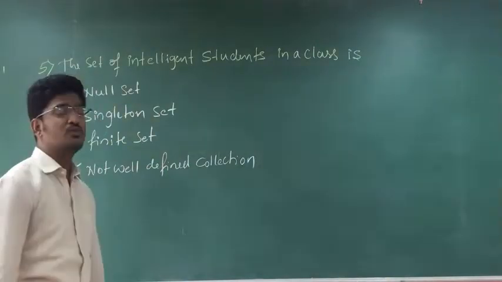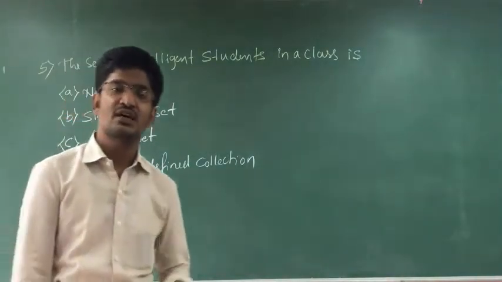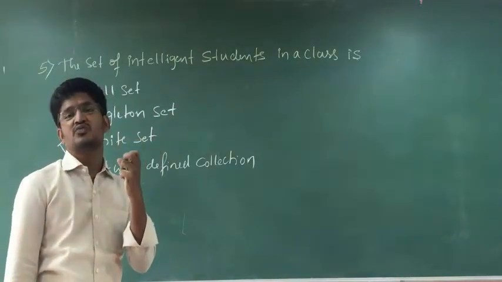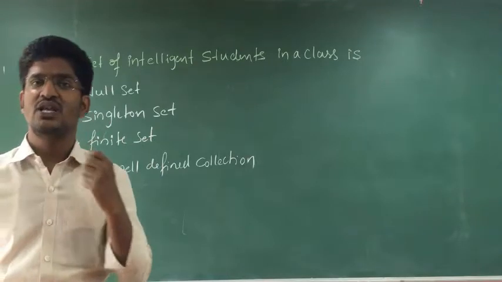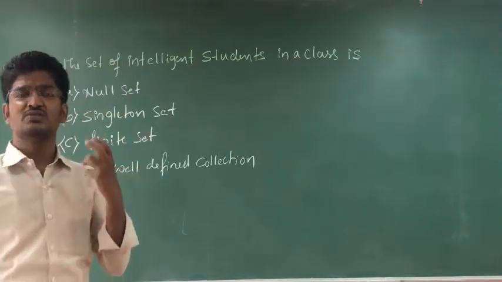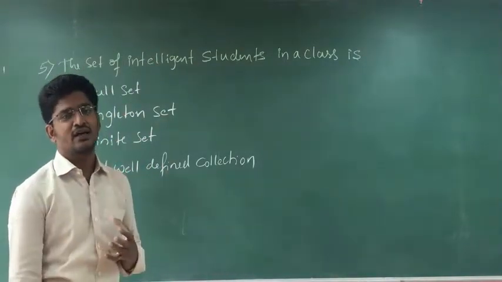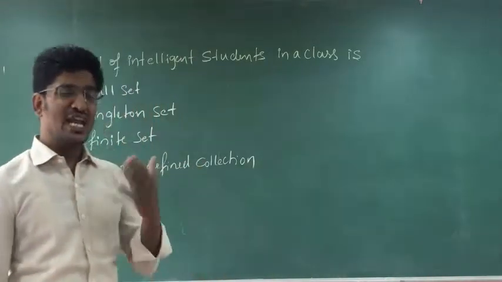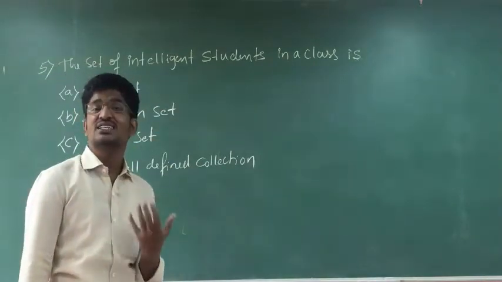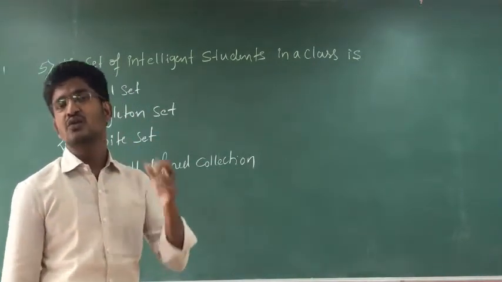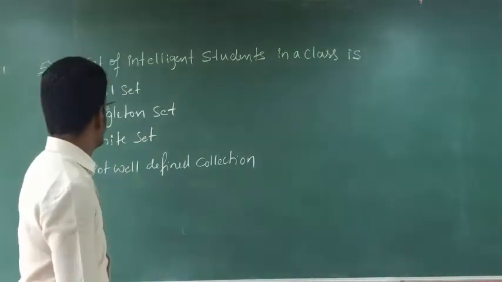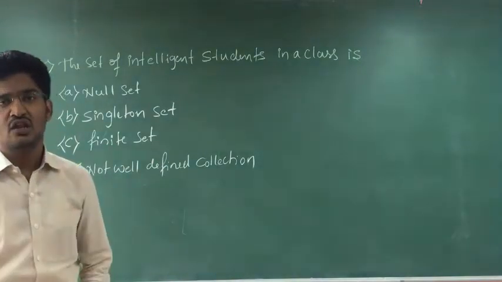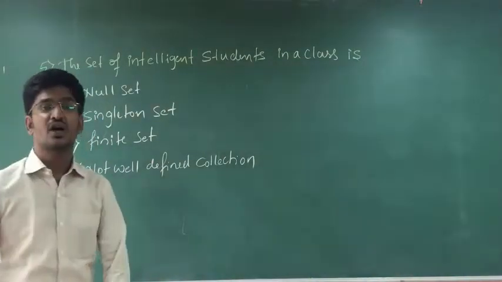But in the mathematics definition of set, a collection of well defined objects means there must be no confusion whenever you are collecting the elements. That is what is called well defined in mathematics. If you get a confusion while collecting the elements, it is not well defined. So the set of intelligent students is a not well defined collection. So option D is your answer.